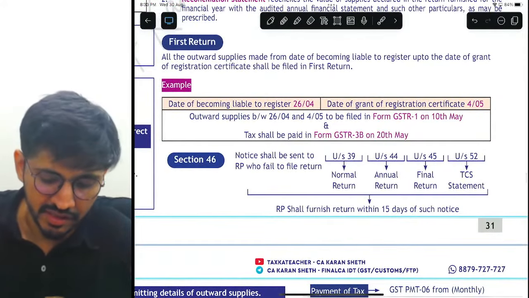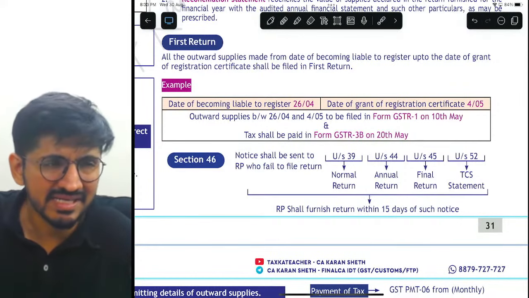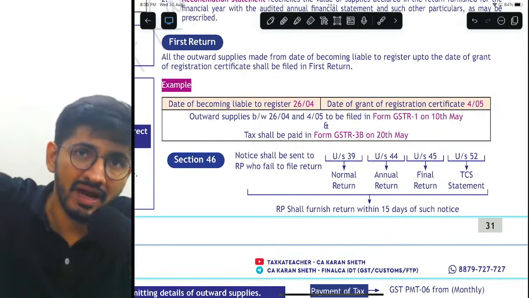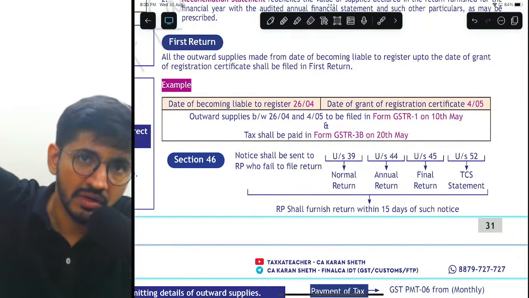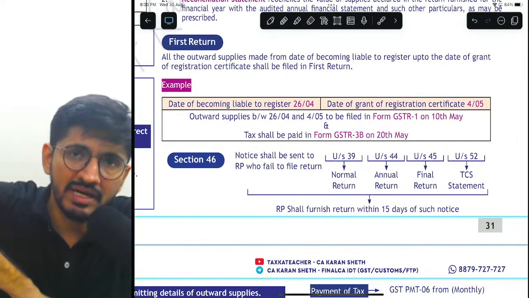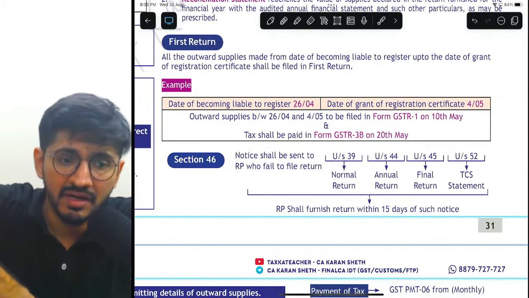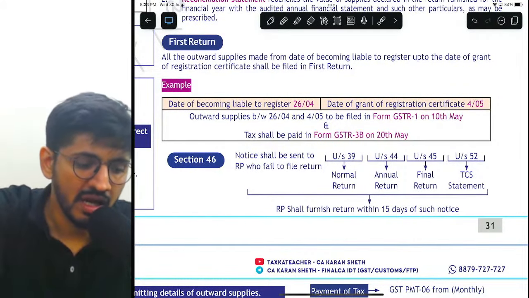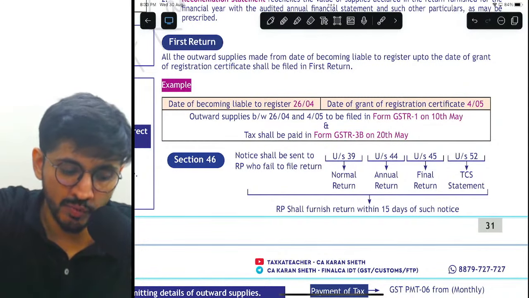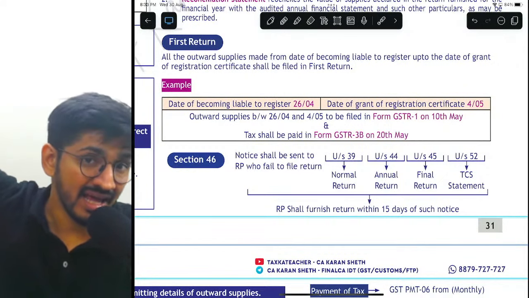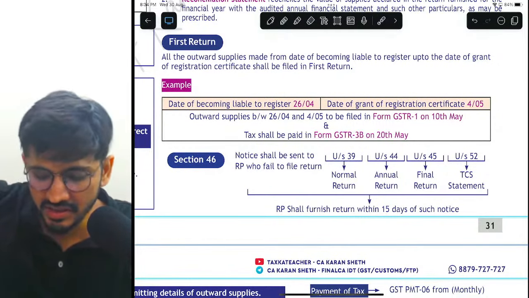Next is first return. First return, my dear friends, please try and understand that this is the first return you will ever file after getting registered. Your government has said that all those transactions which you have done after you become liable to register up to the date of grant of RC, so basically it's exactly that period for which RTI, revised tax invoice, is issued.